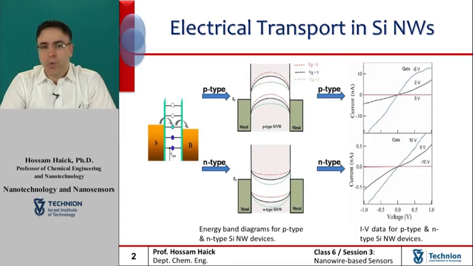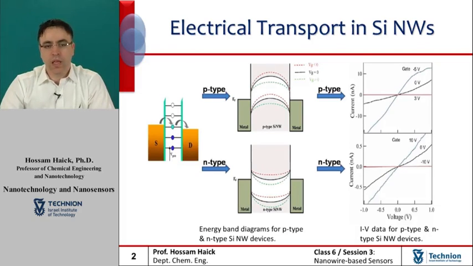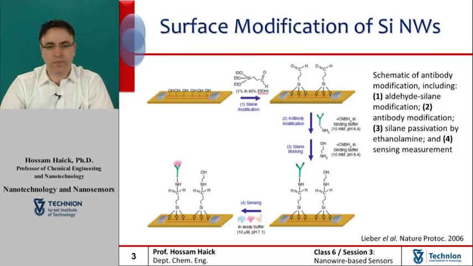Conversely, when the gate voltage is negative, the bands are raised and as a result the conductivity is increased in the case of p-type silicon nanowires and decreased in the case of n-type nanowires. Optimal doping of the silicon nanowires can lead to improved properties of such devices, and the ability to design these properties according to the desired applications can be well achieved.